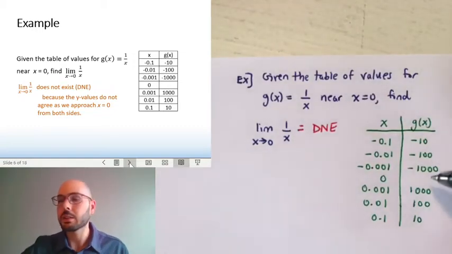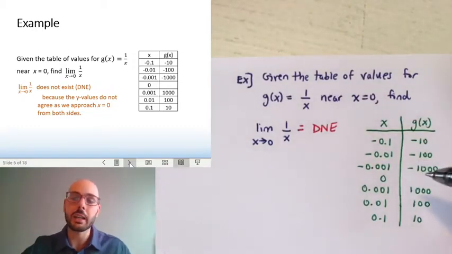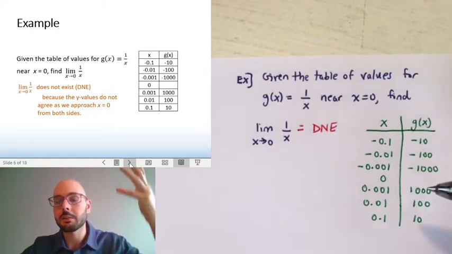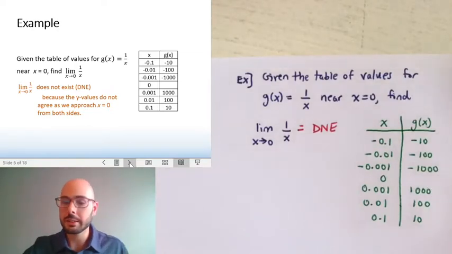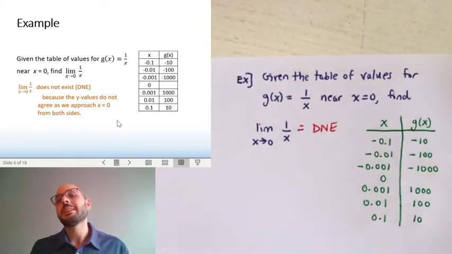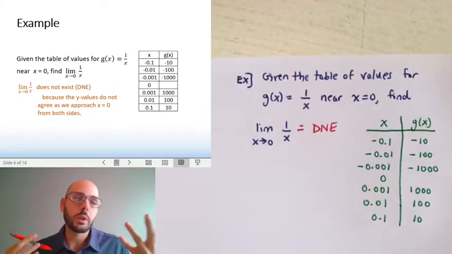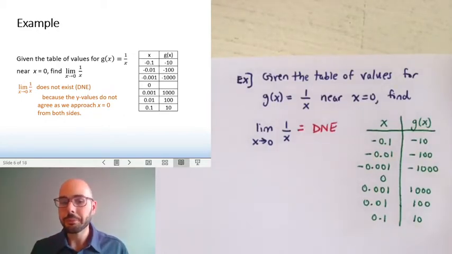The pattern disagrees. One pattern is going to negative 10,000, the other one's going to positive 10,000. They're going two different places. So make sure you write this down. It showed up here in kind of an orangey brown color. DNE, does not exist, and the reason is because the y values don't agree on a single number.